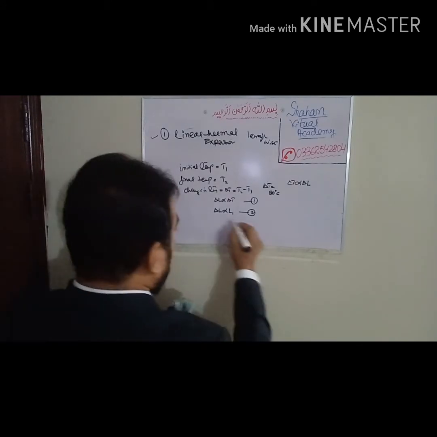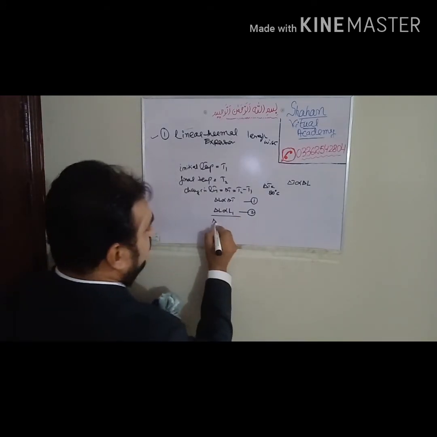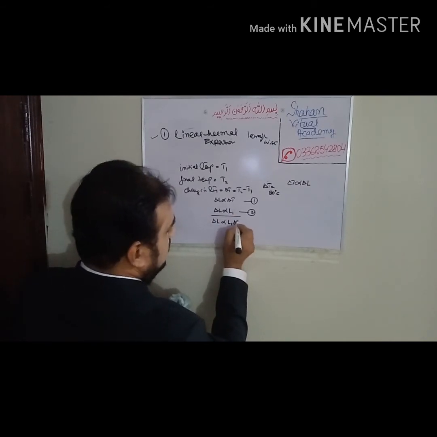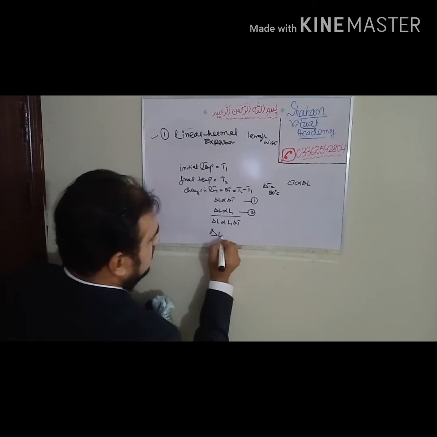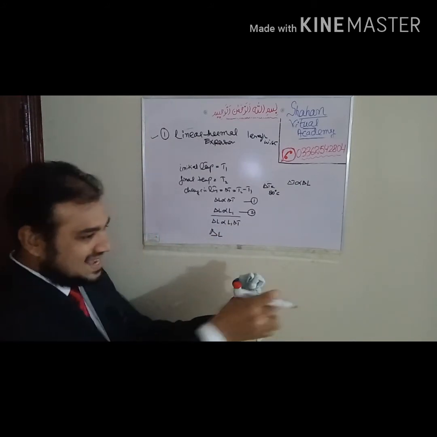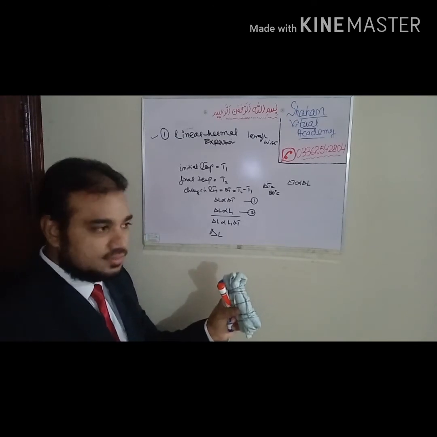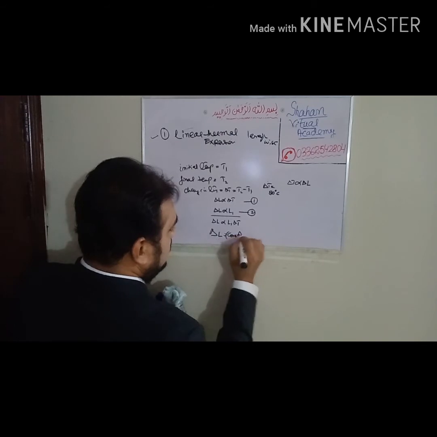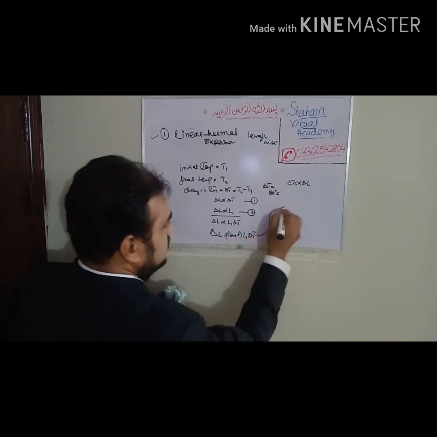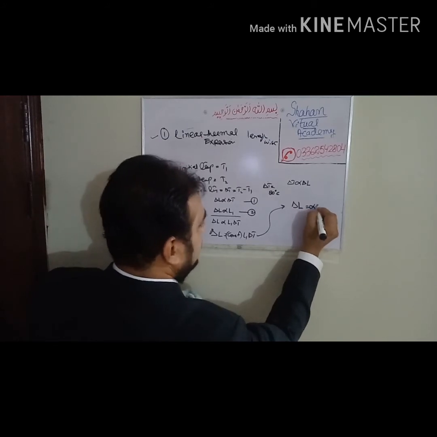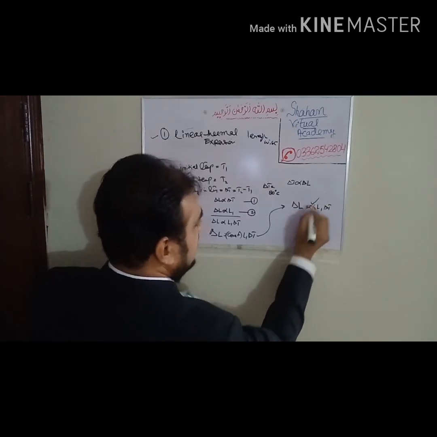When we combine both, what do we get? Here alpha, when you remove the proportionality, becomes equal to a constant: delta L equals alpha L1 delta T. What is alpha?